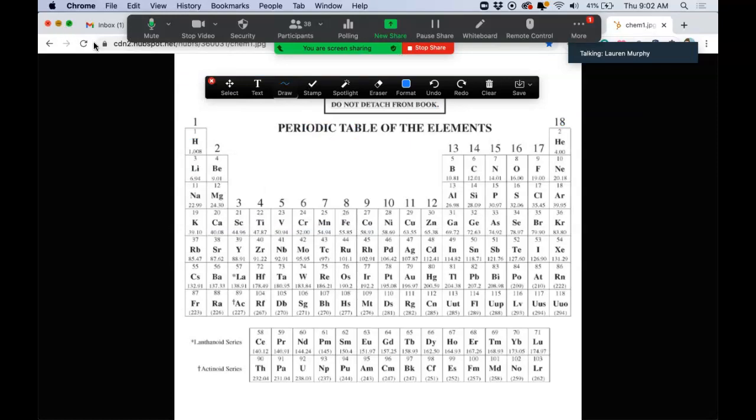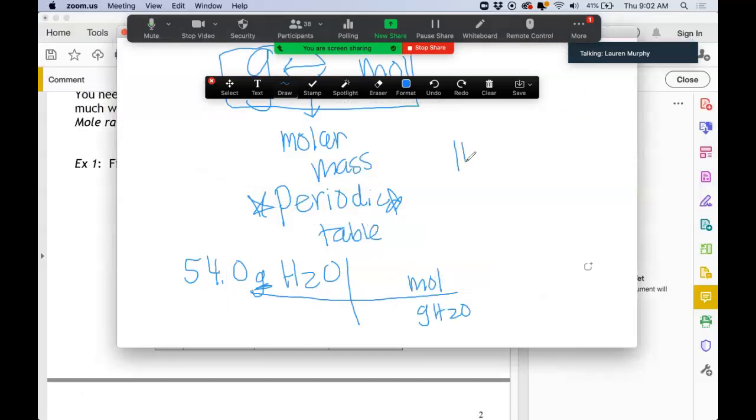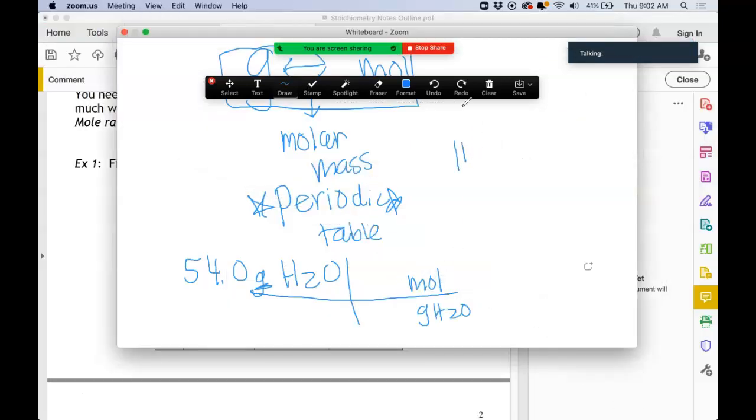So what's water? Well, it's hydrogen, 1.01 times 2, because there's 2 of them, right? Plus oxygen is 16. You add them together, and you get 18.02 grams for every 1 mole of water.